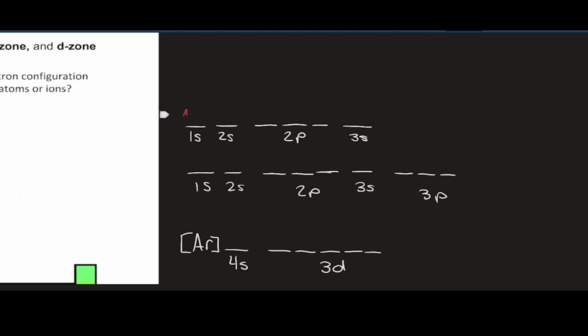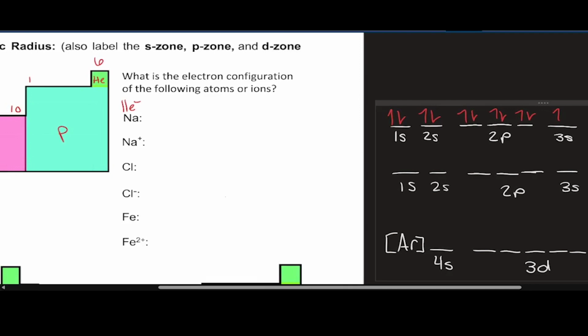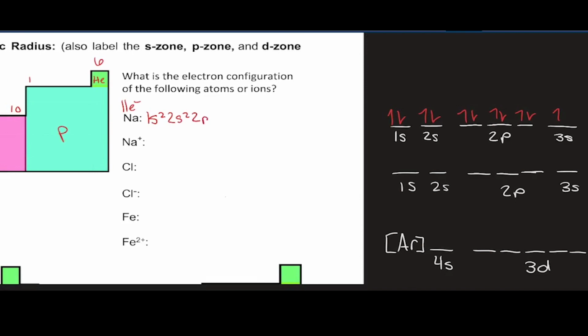We count 1, 2, 3, 4, 5, 6, 7, 8, 9, 10, and 11. So our electron configuration for sodium would be 1s2, 2s2, 2p6, 3s1.